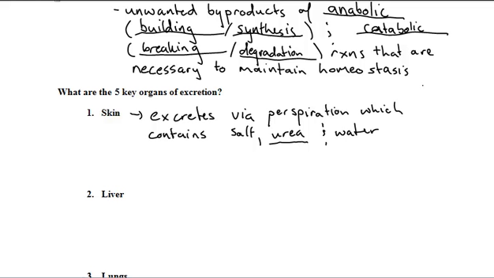As well, we have the liver, which excretes byproducts formed primarily when recycling red blood cells.